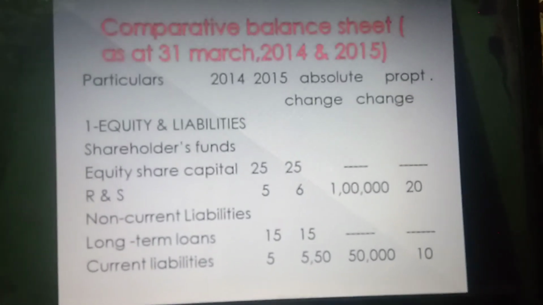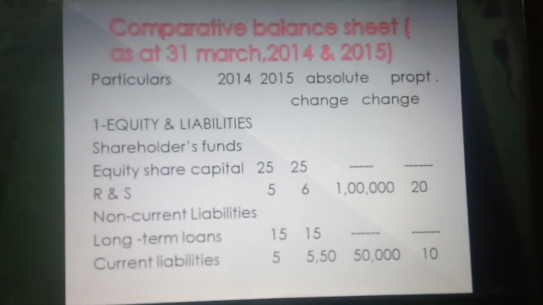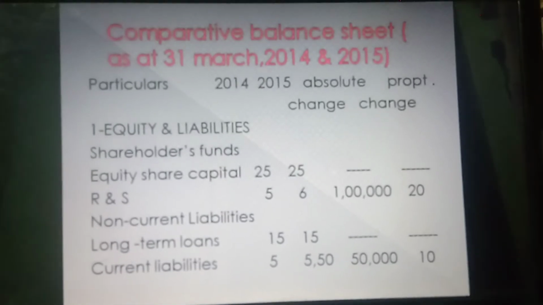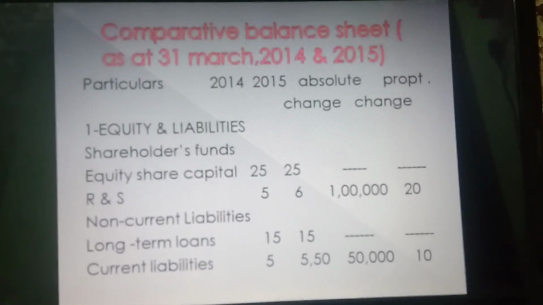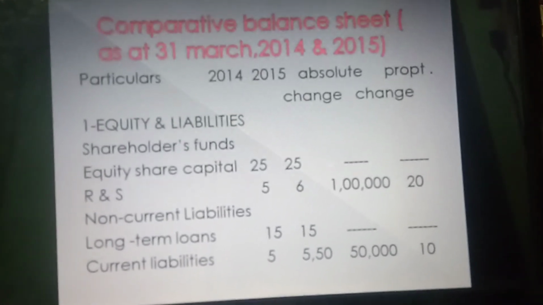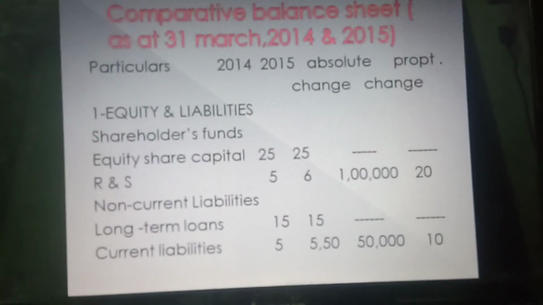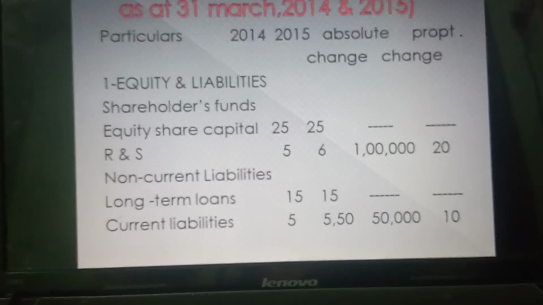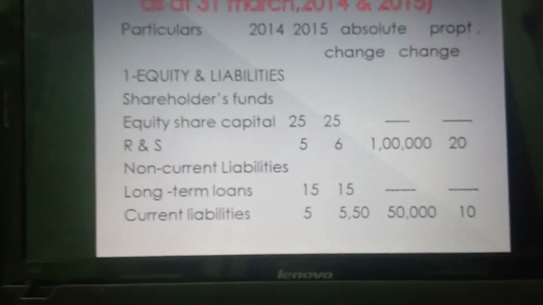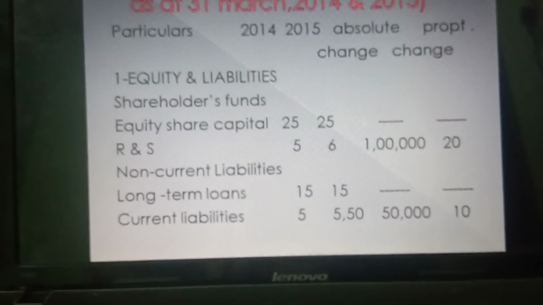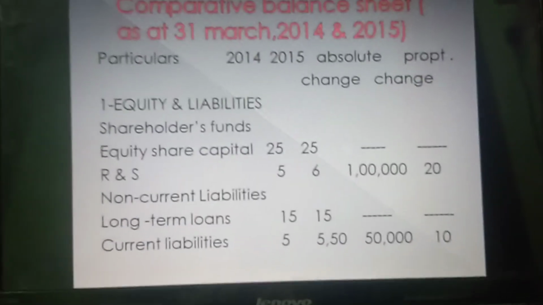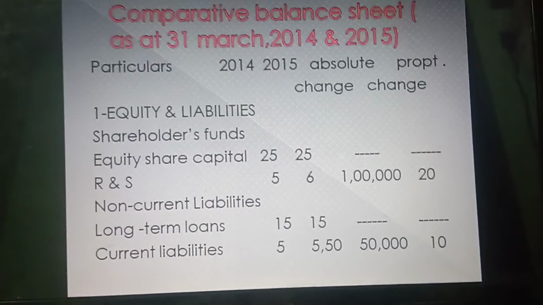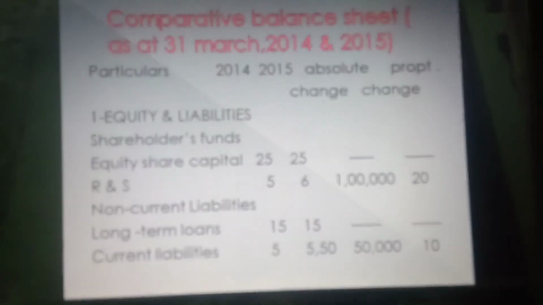Now see how many items are related with equity and liabilities. As you can see, the first one is the shareholders' fund. Shareholders' fund says that in the company the equity share capital position is rupees 25 lakh in the year 2014, and in 2015 again it is 25 lakh. So you can see there is no absolute change at all, so this will be blank.